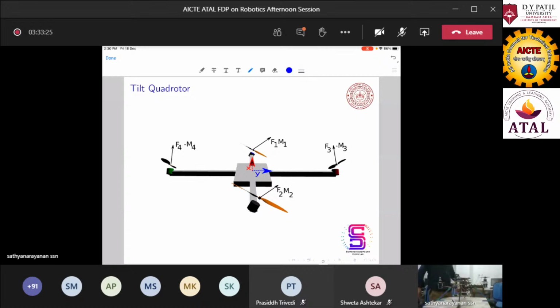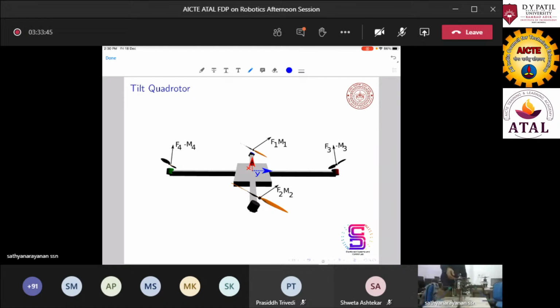If I am able to tilt them, you can generate a force along the x or y axis without rolling or pitching. Thus you can decouple the position as well as the orientation.